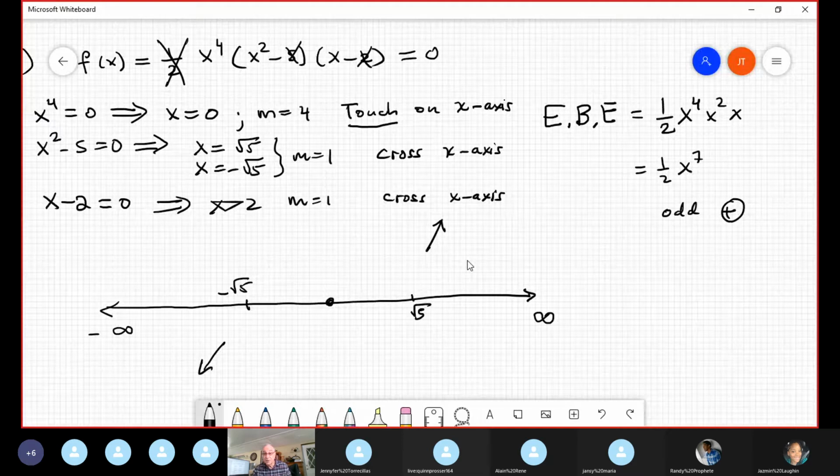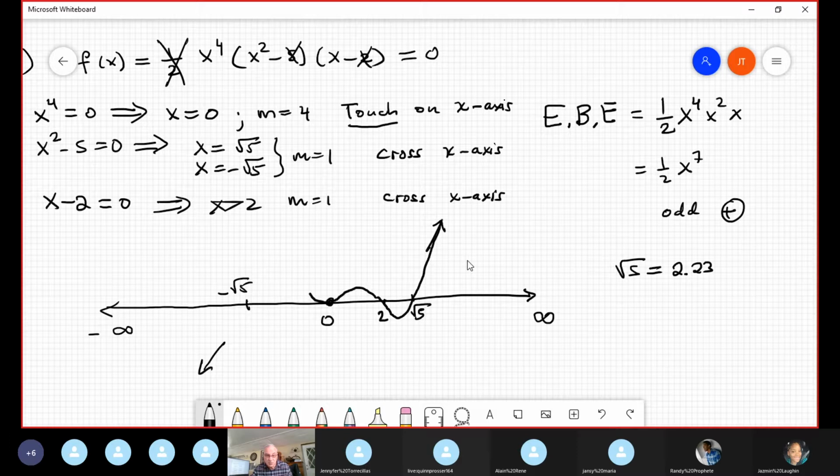Radical 5 is approximately 2.23. This is important because I need to have some idea where it's located, because 2 is located here. Okay, so this is crossed. This is also crossed, and zero, no, zero touch.